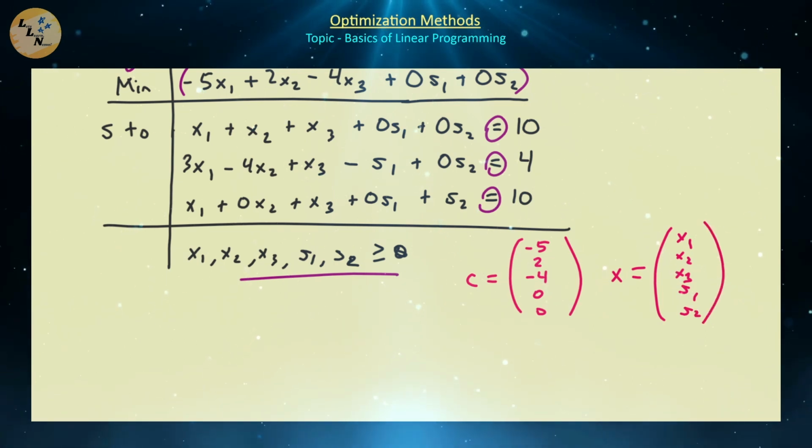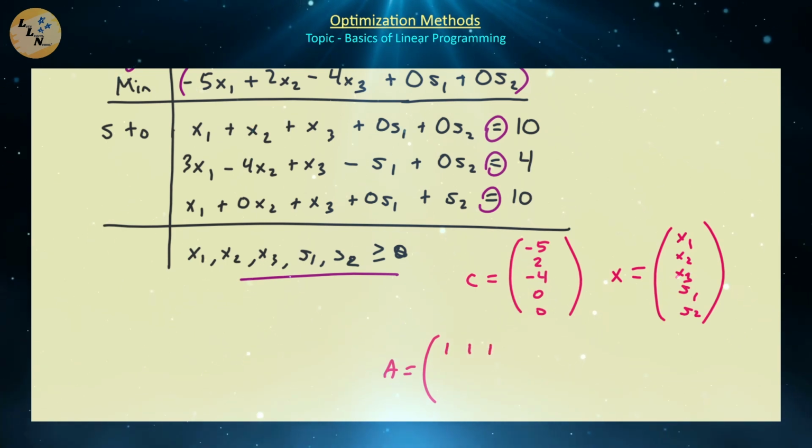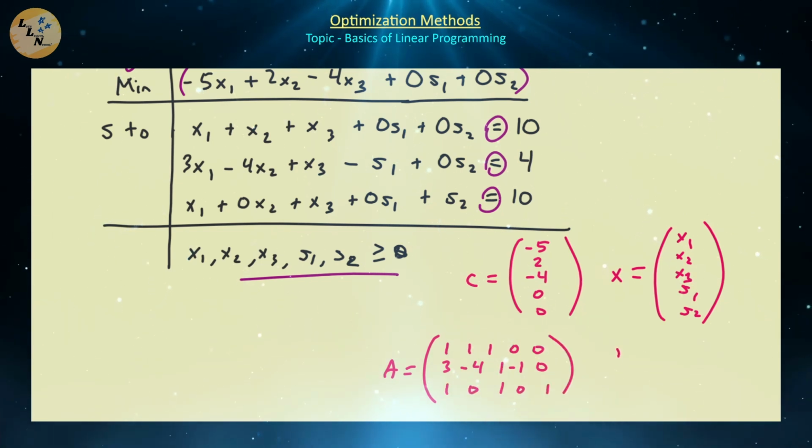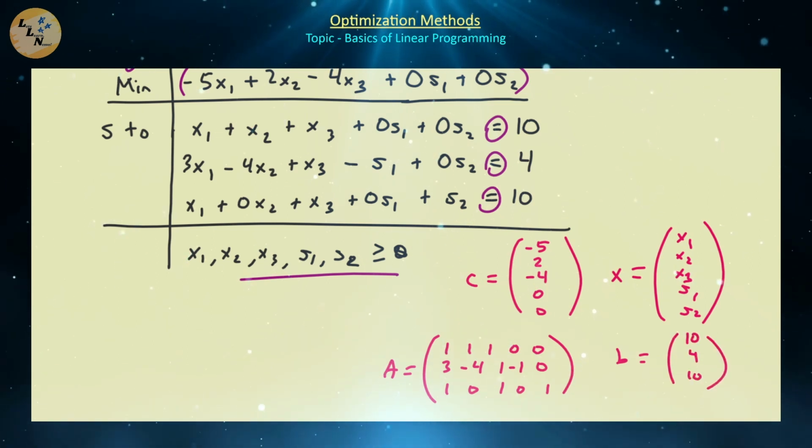Our coefficient matrix A is going to be this: 1, 1, 1, 0, 0; 3, minus 4, 1, minus 1, 0; 1, 0, 1, 0, 1. And then our B vector is going to be equal to 10, 4, 10. And that is the vectorized version of this linear program, which now has been put in standard form.